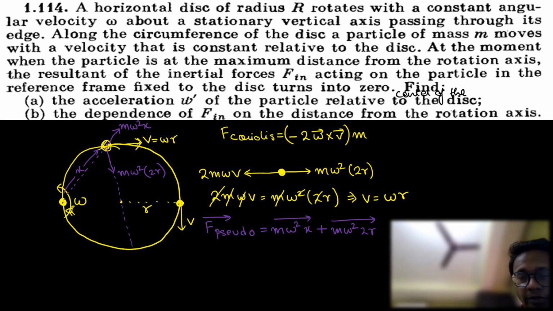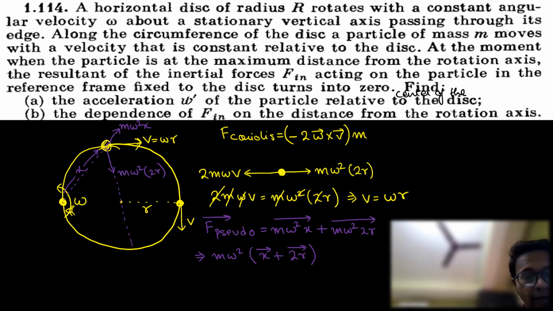So if I take m omega square common, it will be x vector plus 2r vector. Now see properly what is x vector. X vector is a line of this length in this direction. What is 2r vector? 2r vector is a vector along this length, the length of the diameter along this direction, passing through the center of the disk.